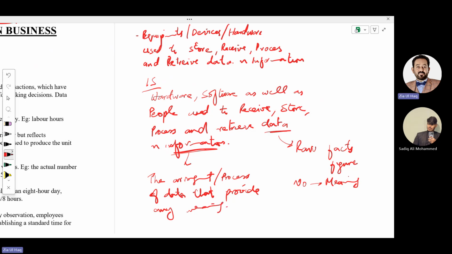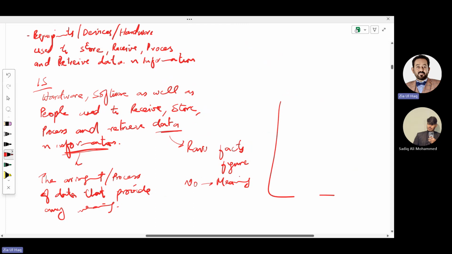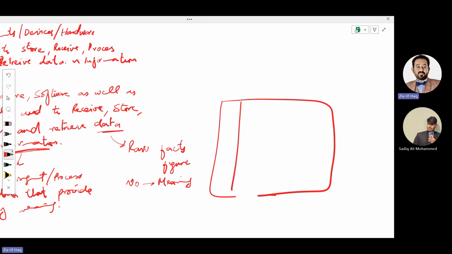Like if suppose in a class there were 50 students, I collected the marks of 50 students and I recorded the marks of 50 students into a matrix like this. My pen is not working.